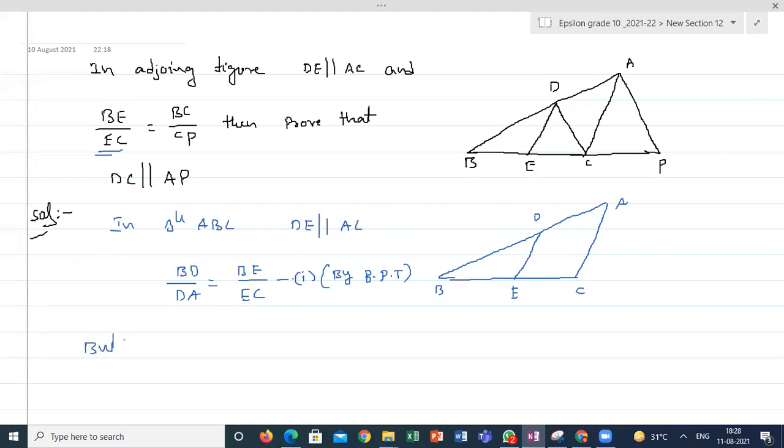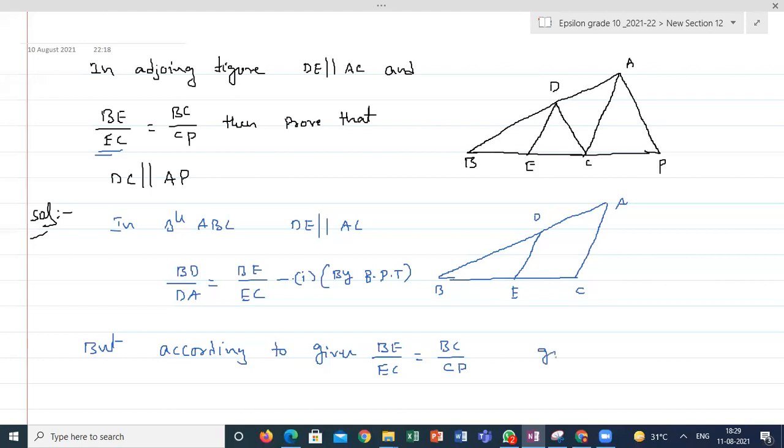But according to the given, my BE by EC is equal to BC by CP. This is given.